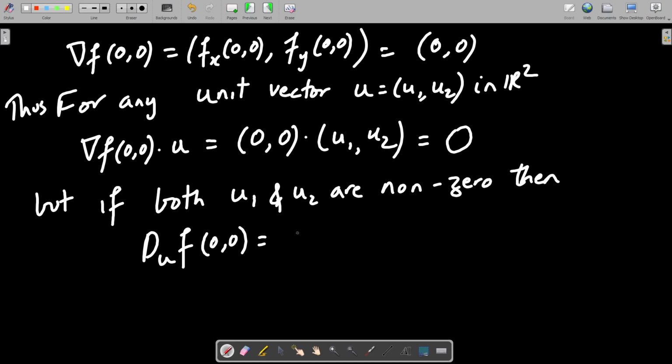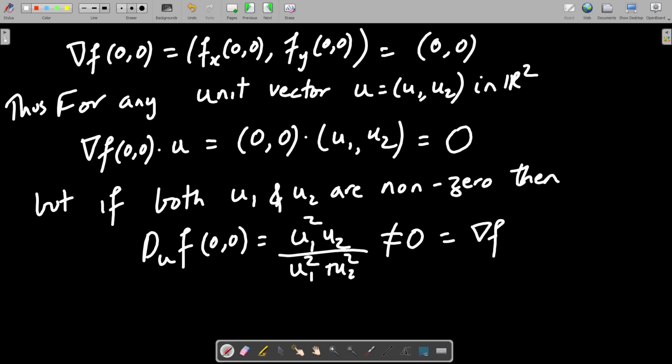Because of u1 square into u2, and the denominator is also going to be non-zero, since u1 and u2 are both non-zero. So this is not equal to 0. But the gradient of f dot u is 0.